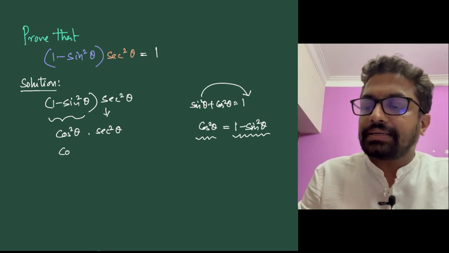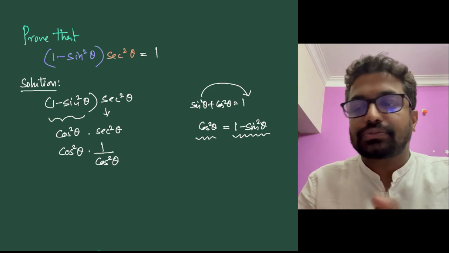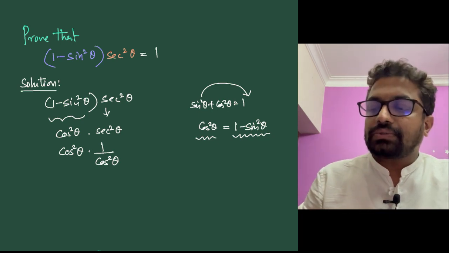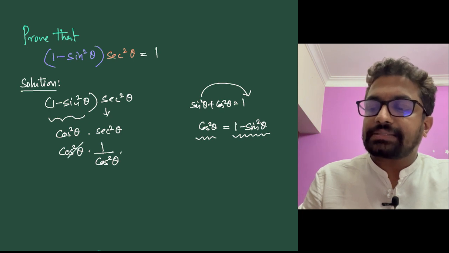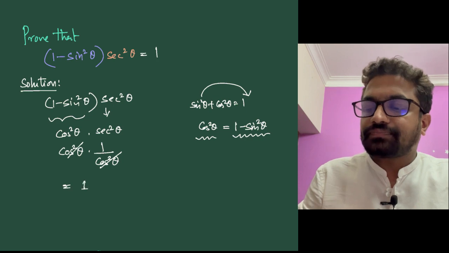Therefore, I can write secant square theta as 1 divided by cos square theta, or you can write cos square theta as 1 divided by secant square theta also. So cos square theta into 1 divided by cos square theta, I will cancel cos square theta and cos square theta. This will be equal to 1.